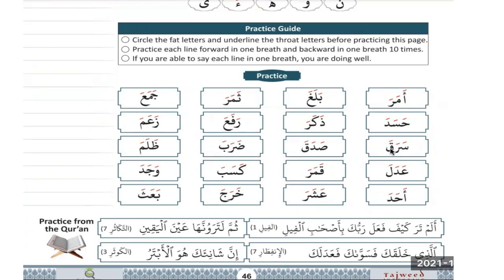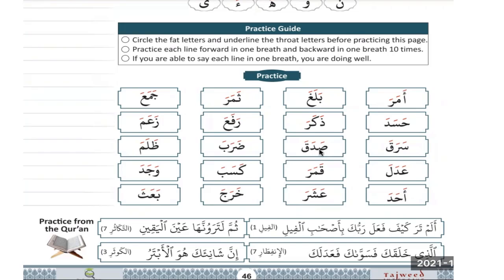The fat family has only 7 letters: kha, ghain, qaf, sad, dad, ta, za. These are the 7 letters called the fat letters, and qaf comes from that family. Saraqa, qa. Don't say saraka. No, saraqa, qa. Right?